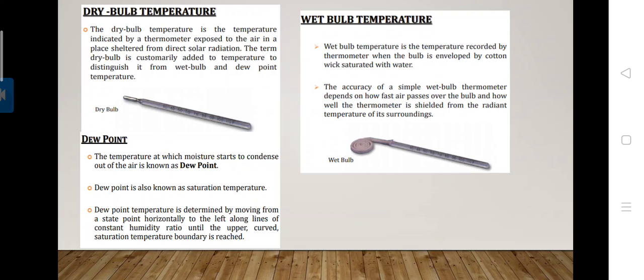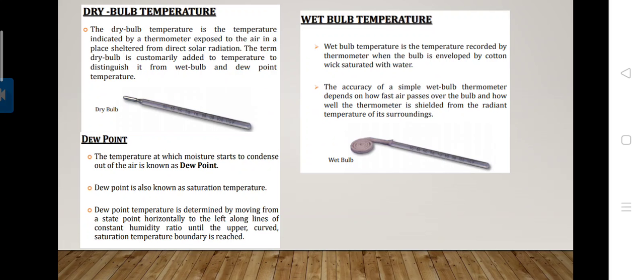Next is the wet bulb temperature. Wet bulb temperature is the temperature recorded by the thermometer when its bulb is covered with a wet cloth, also known as a wick, and exposed to air. It is denoted by small t WB, the wet bulb temperature.